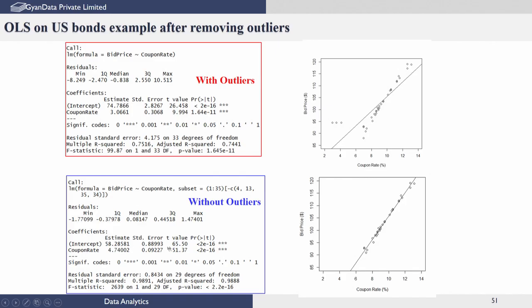Again the test on the intercept and the coupon rate or slope shows that they are significant, and therefore you should not assume that they are close to 0. It also shows that the F statistic has a low p value, which means you reject the null hypothesis that a reduced model is adequate, which means the linear model with the slope parameter is a much better fit.